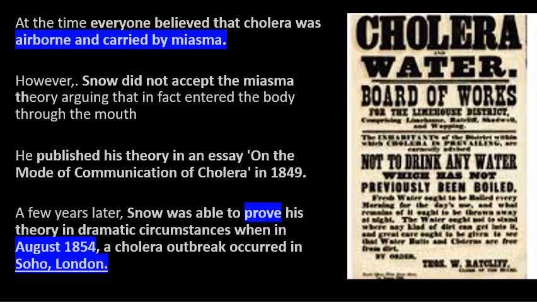Okay, like I said, at the time everybody believed that cholera was caused by miasma, stuff in the air. Well, he didn't really accept that, because it didn't make sense to him. He had this idea that somehow something was getting into people's bodies through the mouth, and that was making them ill. And he published these theories in 1849.